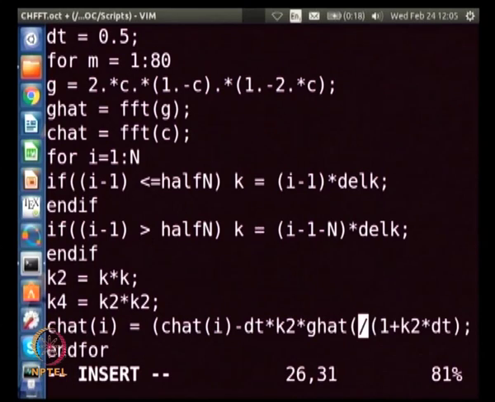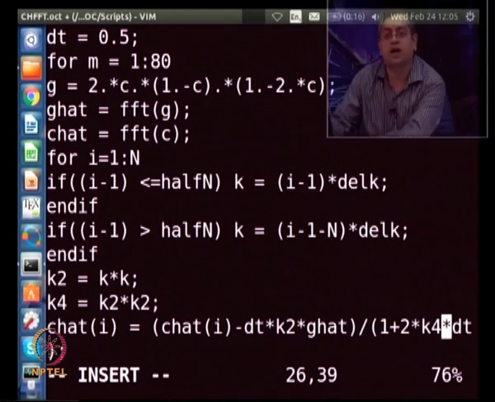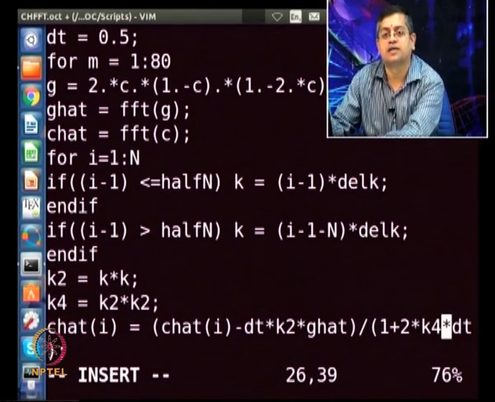So, we have that divided by 1 plus 2 into k power 4. So, this 2 is coming from the fact that when you write the Cahn-Hilliard equation, you have this kappa del c squared. So, you get 2 kappa del power 4 c.